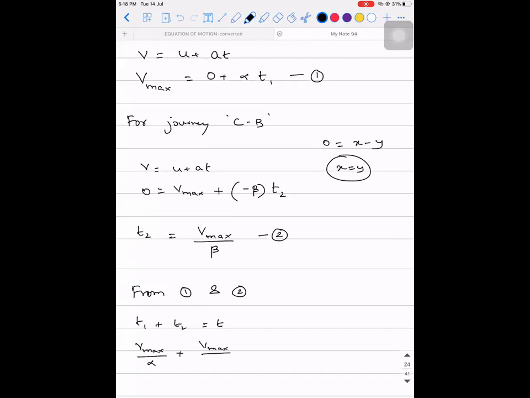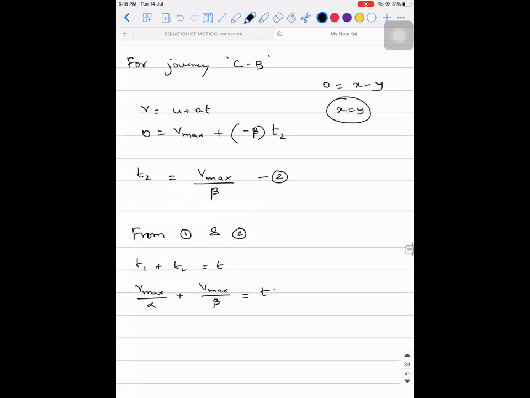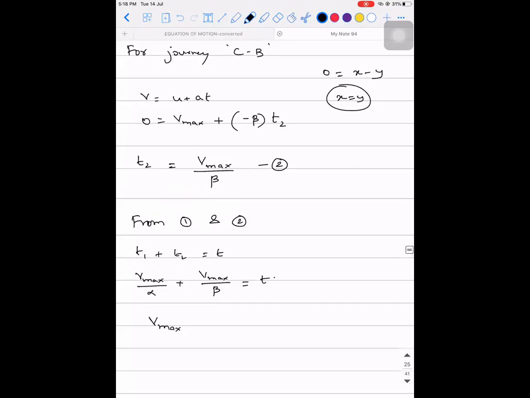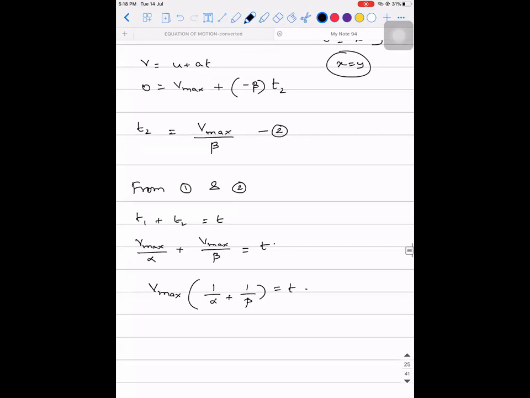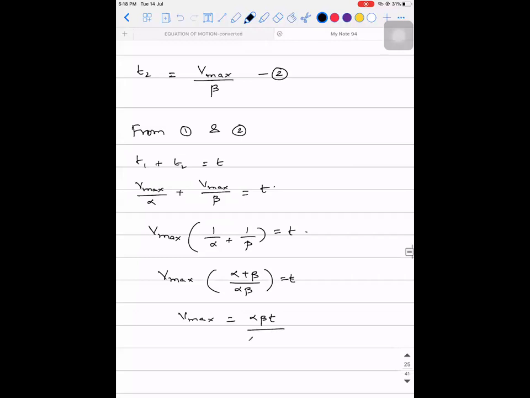It is V max divided by beta is equal to T. So V max into 1 by alpha plus 1 by beta is equal to T. So V max into alpha plus beta divided by alpha beta is equal to T. So V max will be equal to alpha beta into T divided by alpha plus beta. I hope this is clear, you people could get it, right?